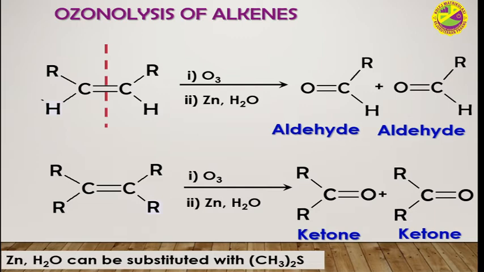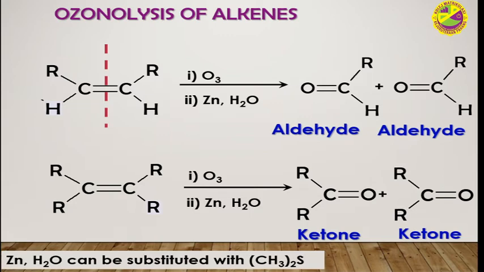Since there is a hydrogen on the left side and the right side of this alkene, the product will be both aldehyde. In the second example, the alkene does not have any hydrogen. They are all 4 R groups.